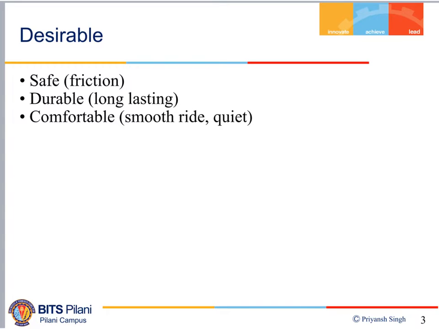You require comfortable, smooth and quiet riding quality. As you already know, the riding noise in the rigid pavement is higher than the noise originating in the flexible pavement. So this third requirement, comfortable, smooth ride quality, is a critical parameter in the case of rigid pavement.